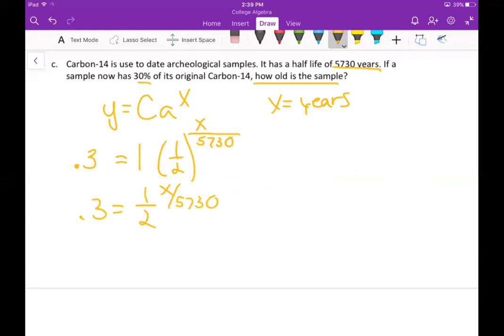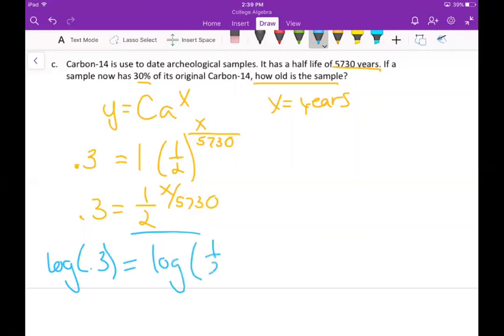At this point, we're solving for x. We're solving for how many years it takes to get down to 30%. And we have our exponential term by itself. So we are just going to log or ln both sides of this equation. Log of 1/2 to the x over 5,730. Again, this entire exponent drops down out front.